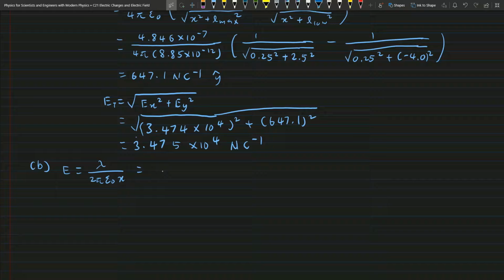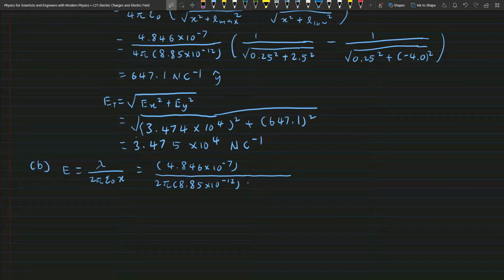So 2 pi, 8.85 × 10^-12, and our x is 0.250. So 3.486 × 10^4 newton per coulomb.